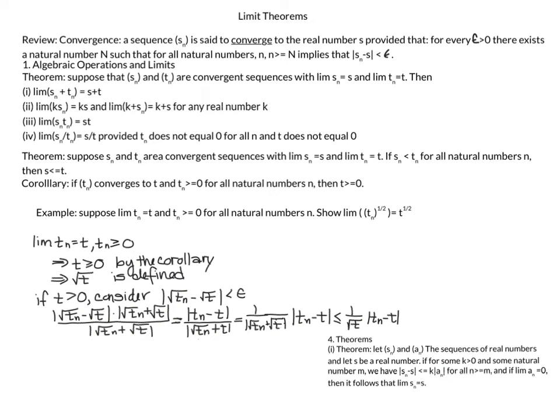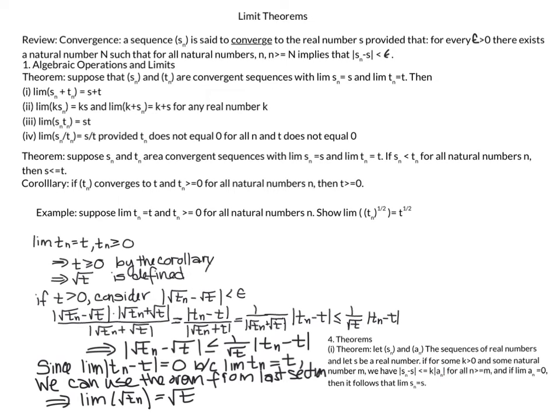Backing up a little bit, I started out with my Sn minus S. That's my square root of Tn, and my limit was square root of T. I wanted to set that less than or equal to, and using all these calculations, I have 1 over square root of T times the absolute value of Tn minus T. Now, taking a look at Tn minus T, since the limit of Tn equals T, the limit of Tn minus T is equal to 0.